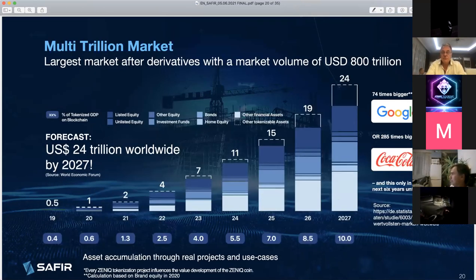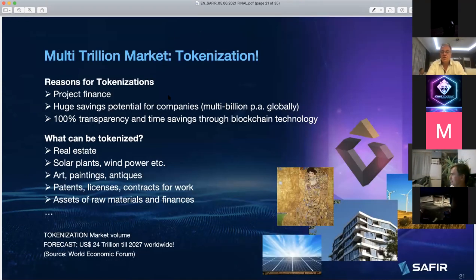The whole concept is connected, of course, to the multi-trillion-dollar market of tokenization. And what can be tokenized? Approximately everything. It needs, though, to be done in a correct way. It saves a lot through the blockchain technology for many of the really well-known companies out there in the world that want to make tokenization of their products, services, and so on.